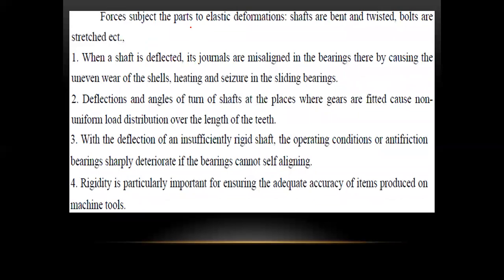Forces subject the parts to elastic deformations. Shafts are bent and twisted, bolts are stretched. When the shaft is deflected, the journals are misaligned. Deflections and angles of turn of shafts, where gears are fitted, cause uneven wear along the length of the teeth. With the deflection, the bearings cannot self-align. Rigidity is particularly important in products produced on machine tools.